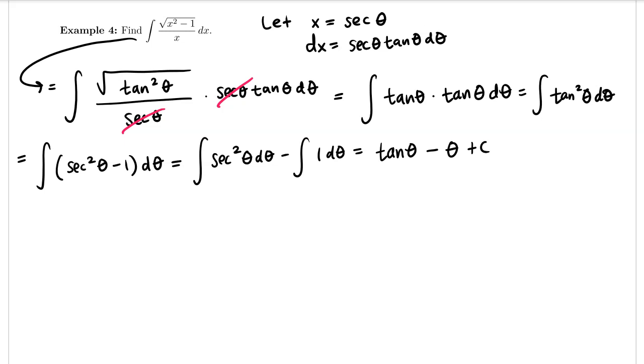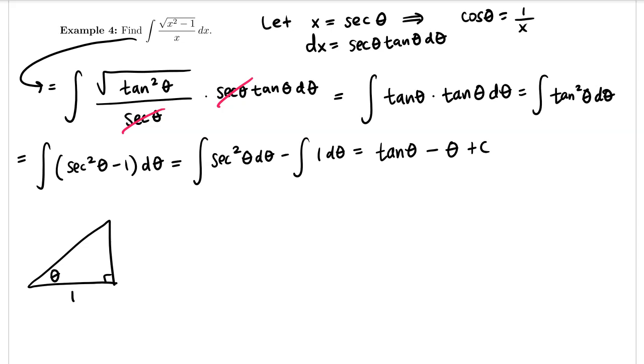So now what we want to do is we're going to draw our right triangle. Here's theta, and I know that secant of theta is equal to x. If I take the reciprocal of both sides of that equation, that's going to tell me that cosine of theta is equal to 1 over x.